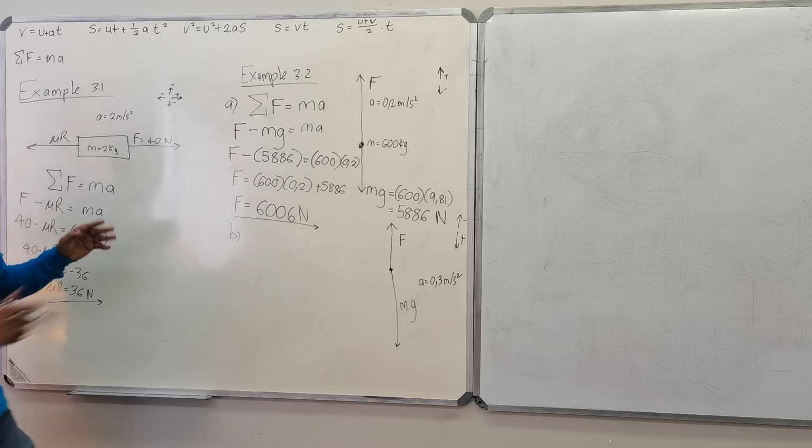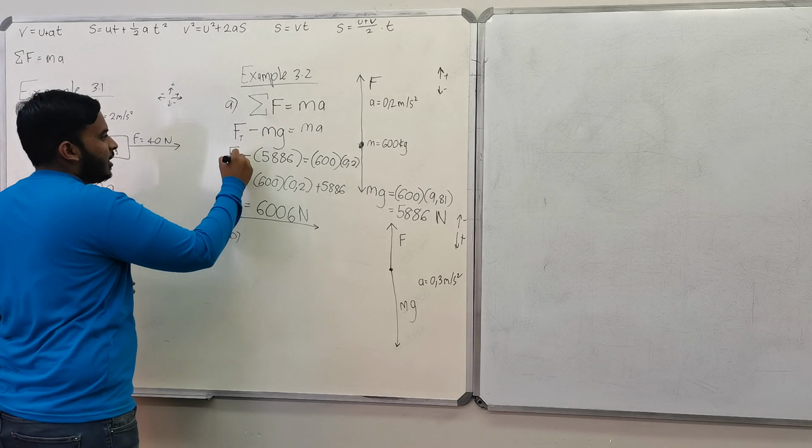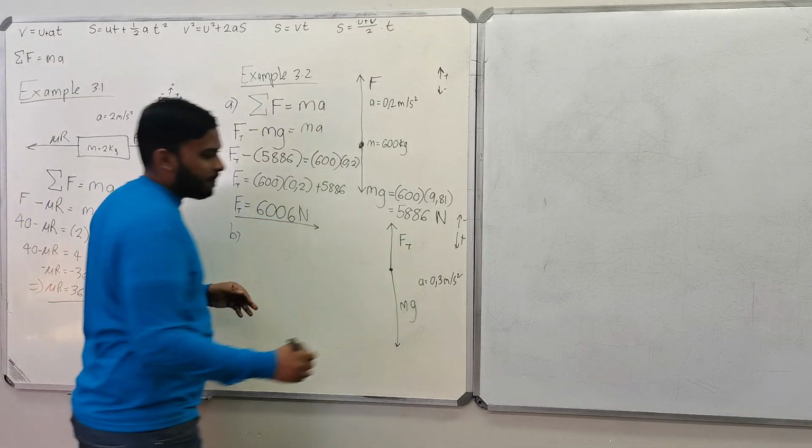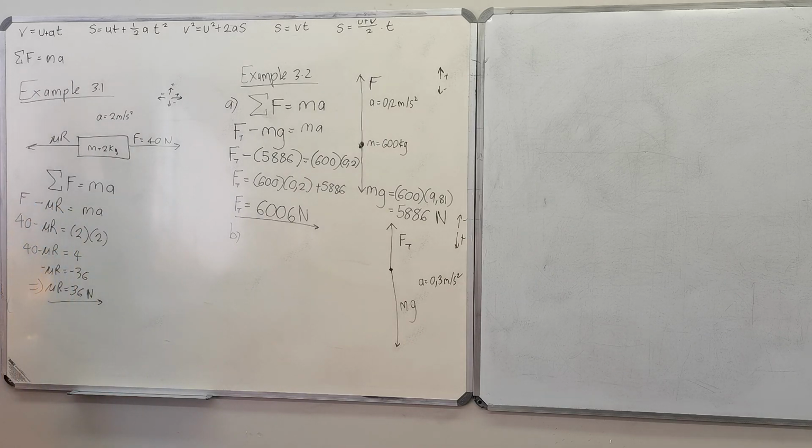So let's just call this FT. It's the gravitational force, so we just leave it as gravitational, because you're going to see questions where you're going to have frictional force and you're going to have gravitational force. If you call it one label, you're going to mix it.